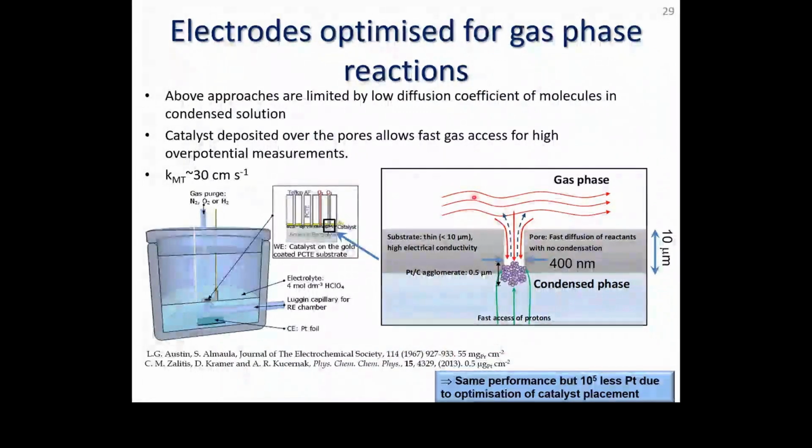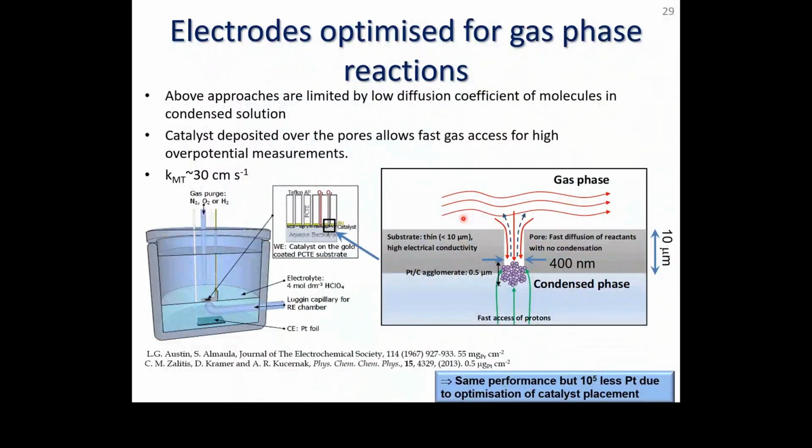The idea here is, instead of having transport of our reactant, which in this case is a gas, through the electrolyte, we transport it through the gas phase for as long as possible. That is, we keep it in the gaseous phase up until we get right up to the catalyst where we want the reaction to happen.